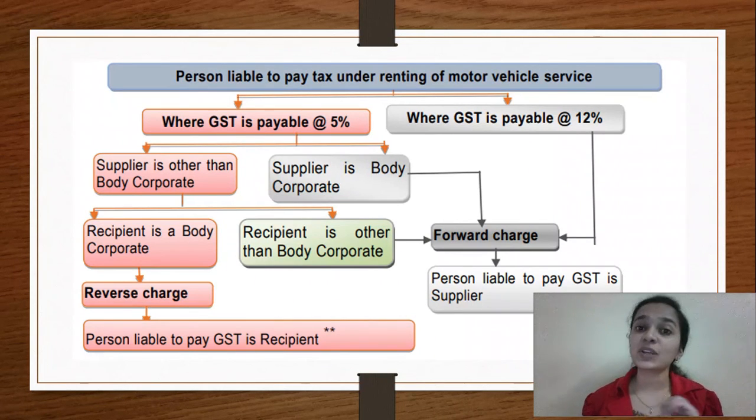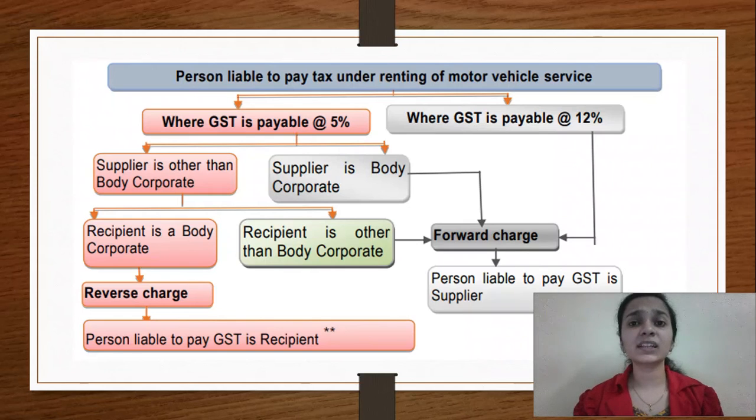So the thing to remember here is that the reverse charge scheme will be applicable only in the situation where the recipient is a body corporate. If the recipient is not a body corporate, then forward charge will be applicable and the supplier will have to pay tax. Or if the supplier himself is a body corporate, then in that situation as well the reverse charge scheme will not be applicable, and the tax will have to be paid at the rate of 12% under forward charge.